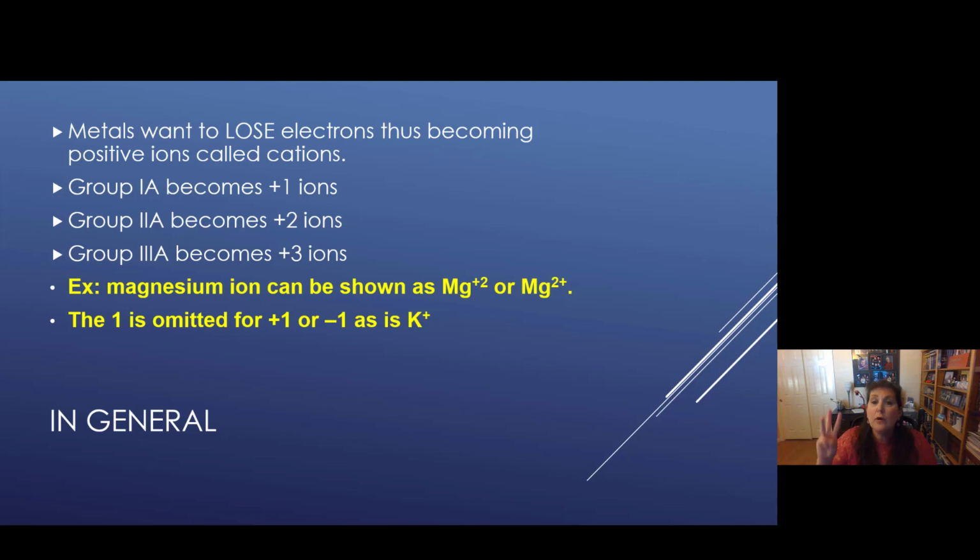But if it's a 2 or a 3, you have to write the 2 and 3. So aluminum as an ion is +3. You can't just put plus, you have to put +3. Calcium as an ion is +2. Lithium as an ion is +1, which you can just write as a plus. B as an ion can be +3.